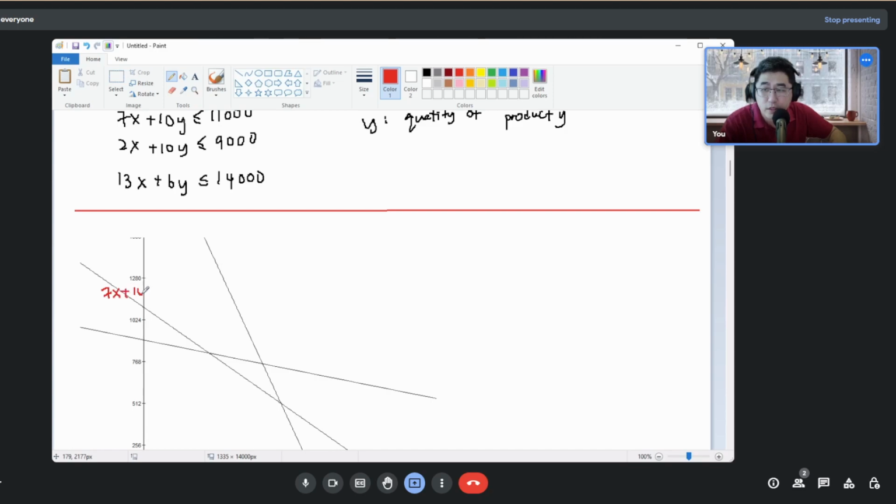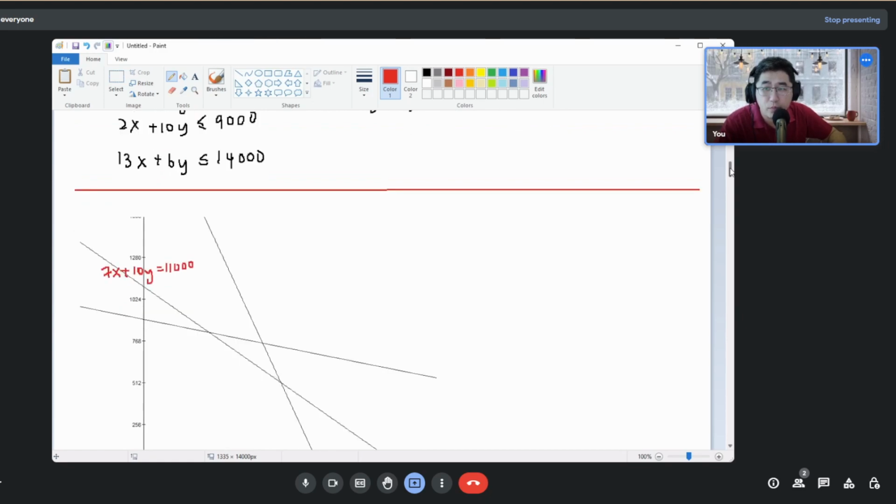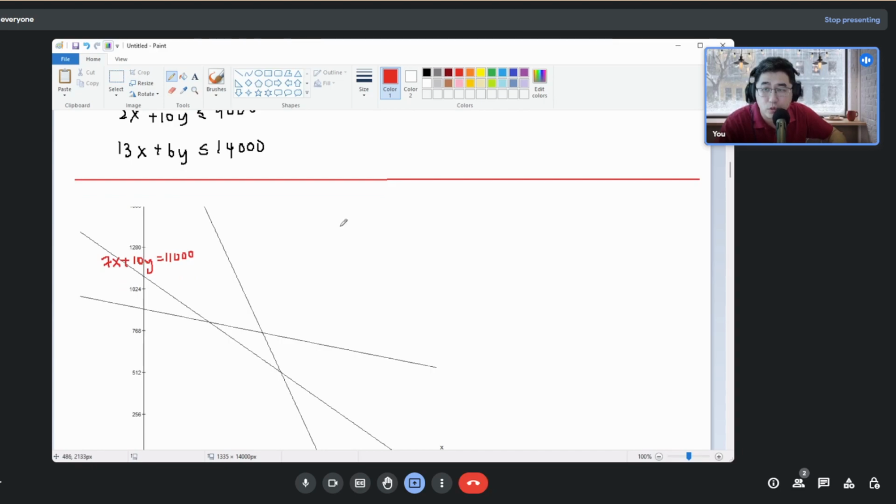This is 7x plus 10y equals 11,000. Then 2x plus 10y equals 9,000, which will be here.